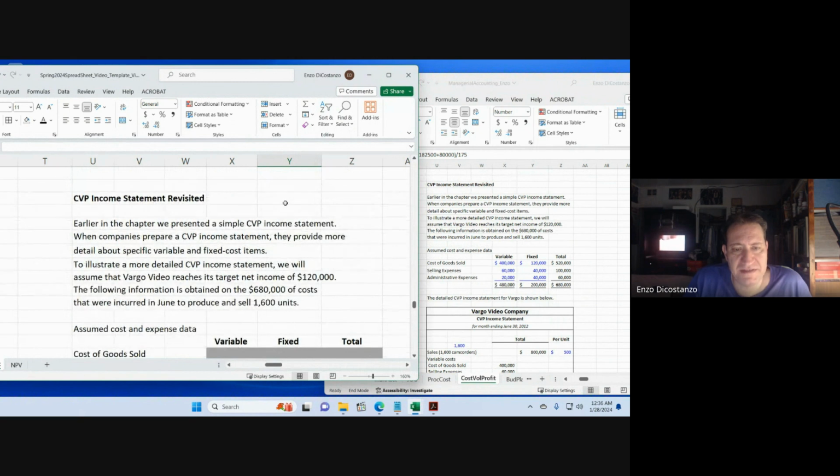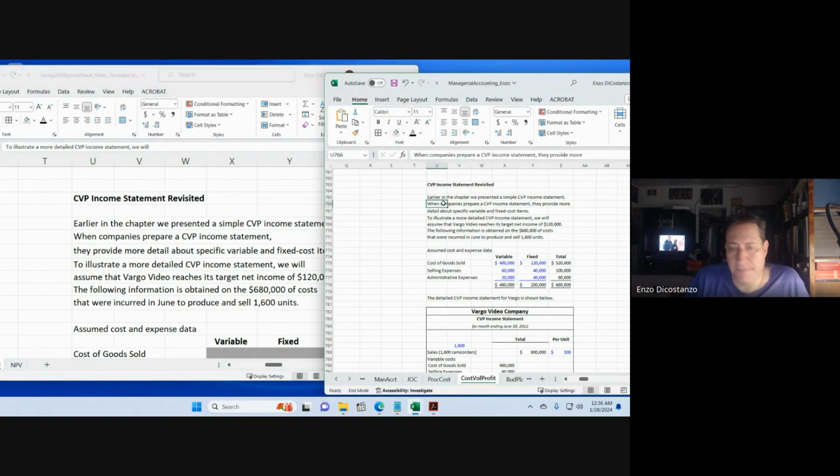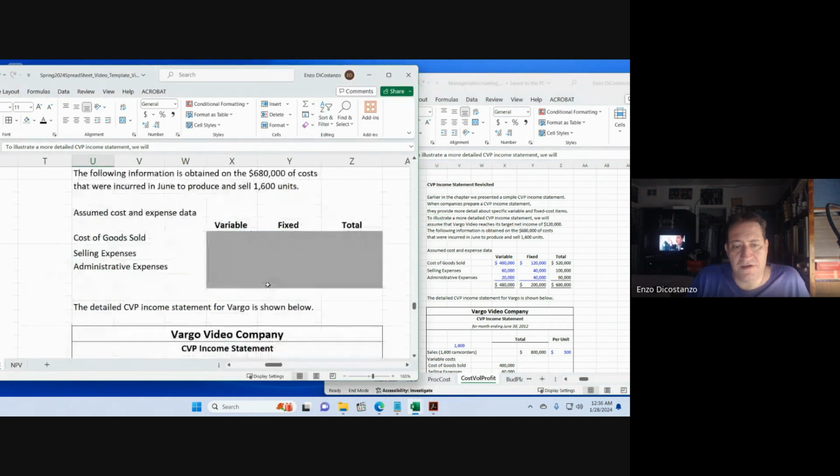It says we prepared a simple cost, volume, profit income statement. When companies prepare these, they provide more detail about the variable and fixed cost items. Looking at this, we have pieces here: cost of goods sold, selling expenses, but they're broken up.